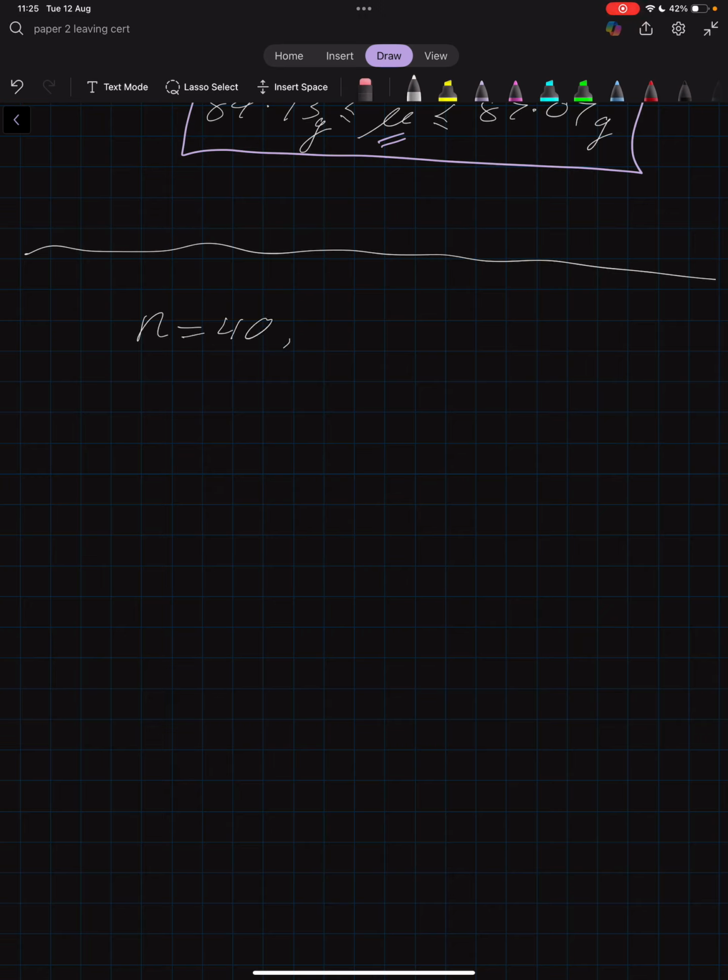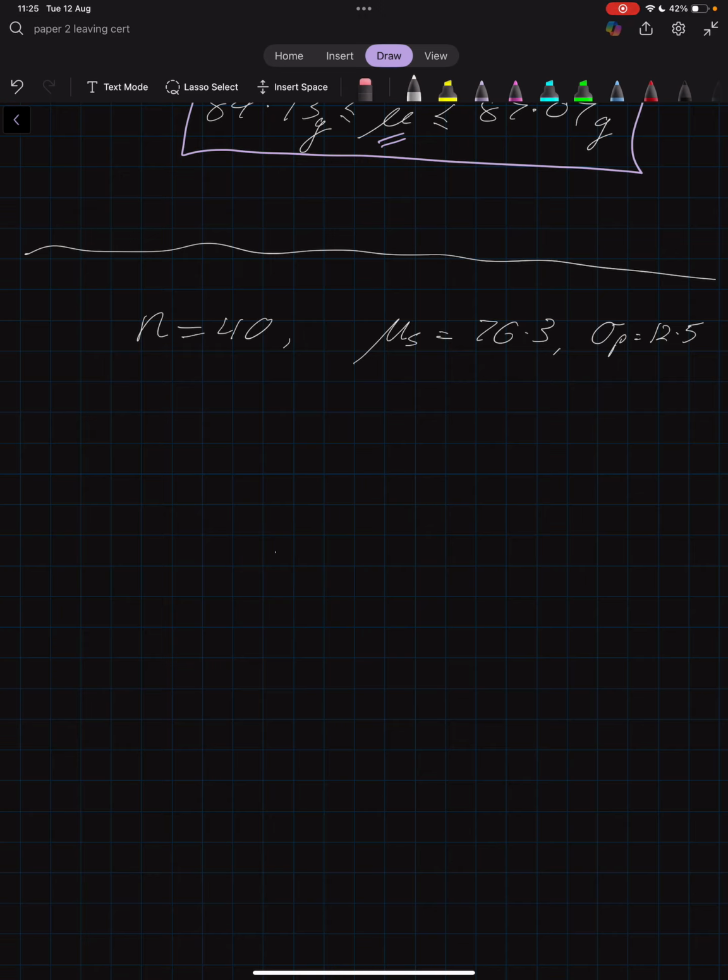Was selected from the population and their pulse rates measured. The mean pulse rate of the sample was, so mu for the sample is 76.3. Assume that sigma, the population standard deviation, is known to be 12.5. So you're told that the sigma of the population is 12.5. Great. Construct a 95% confidence interval for mu.